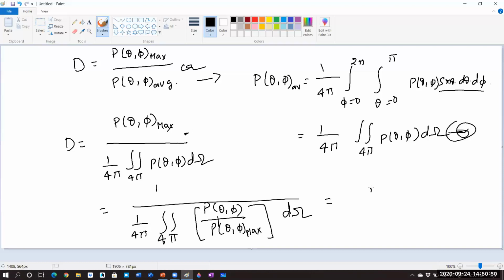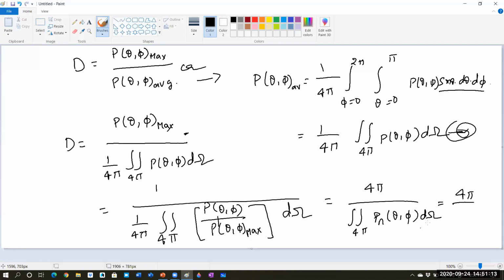So I am writing the equation like this: 4 pi by the double integral of the normalized Pn of theta comma phi d omega. This is the numerator and denominator.